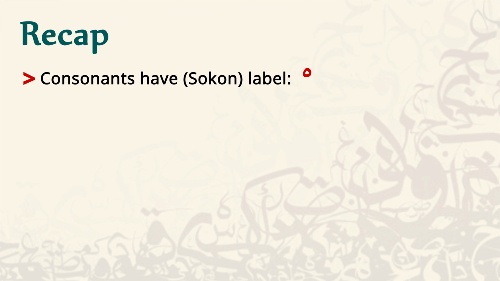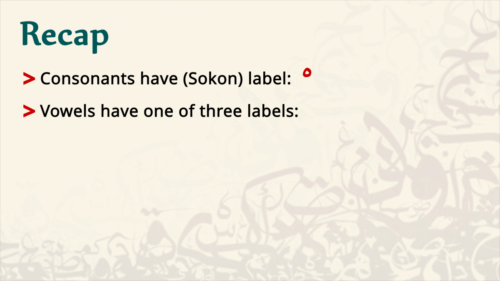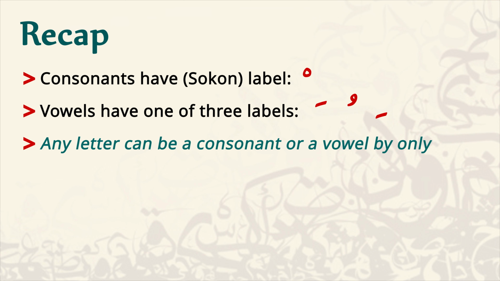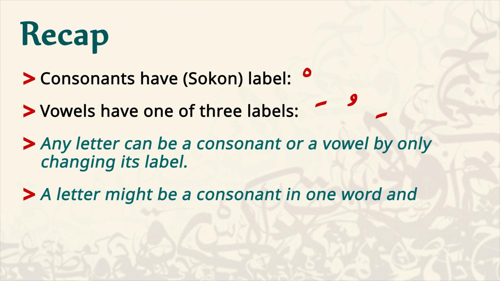So in Arabic, consonant sounds have the sukun label, while vowels have one of the three basic labels, fatha, dhamma, or kasra. Any letter can be a consonant or a vowel by only changing the label of this letter. So a letter might be a consonant in one word and a vowel in another.